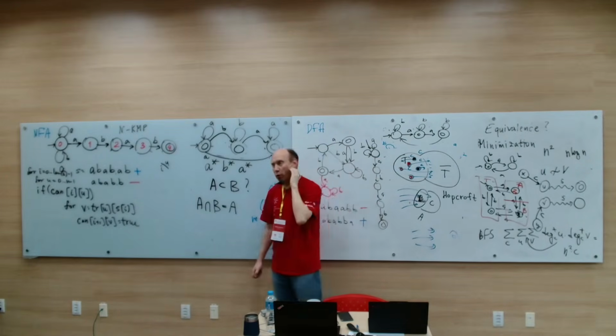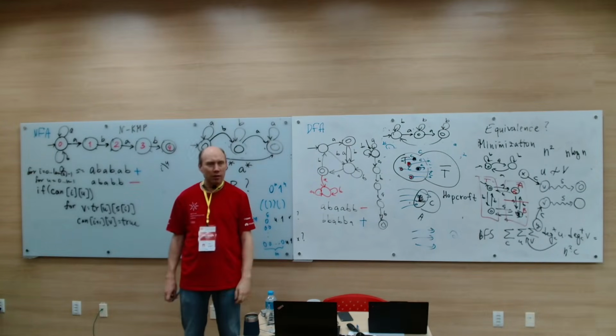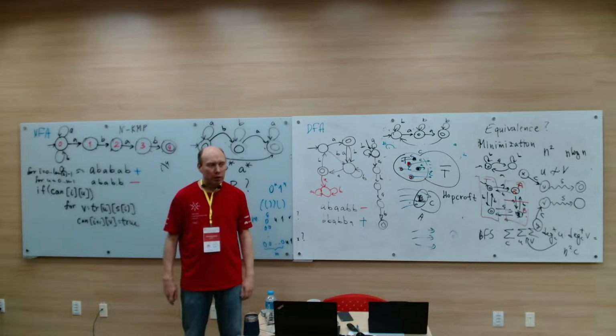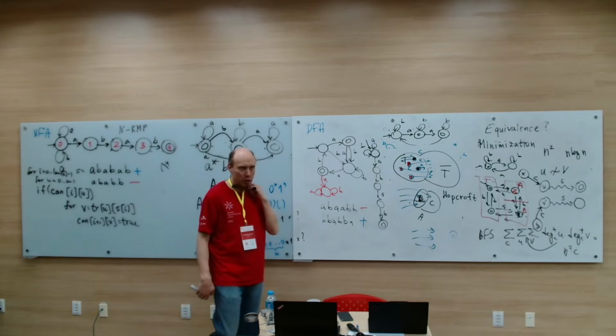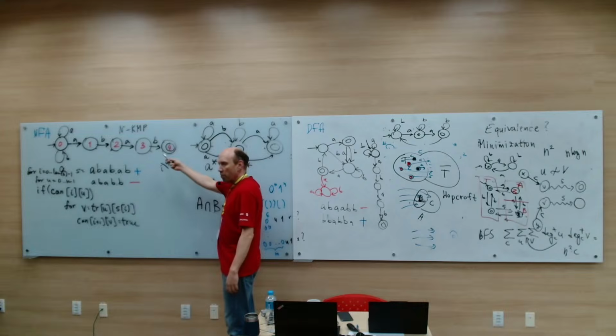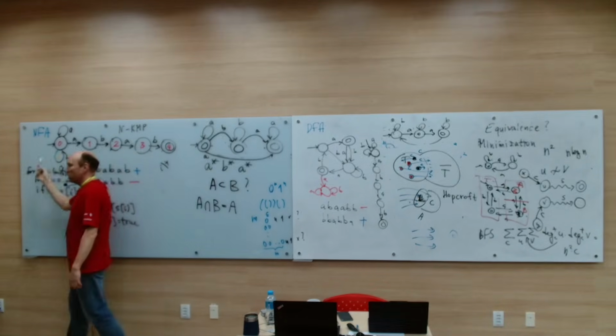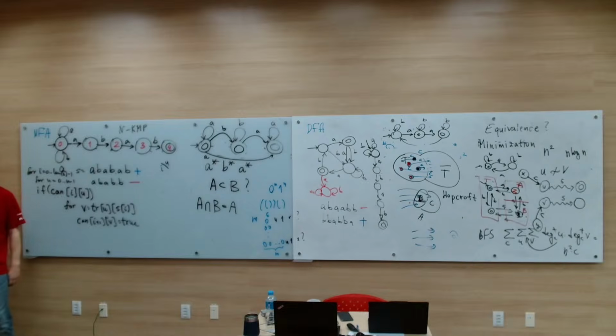But does it work for NFAs to make the complement? The correct answer is no, because let's look here. For example, we want all strings that are not terminated by AB.